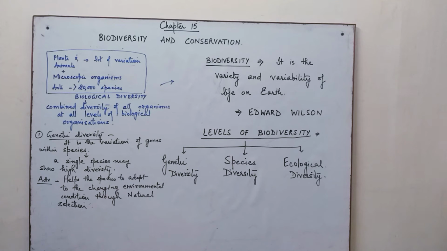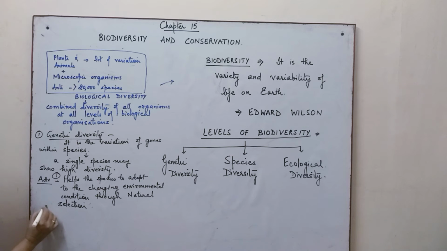If we have a crop which is genetically similar, then it will be more susceptible to diseases, or insects can attack it, so it will have fewer chances of survival over a long period of time. But a species which has diversification, or is better adapted, will show a much better rate of survival over time. So genetic diversity plays a key role in the maintenance of diversity.